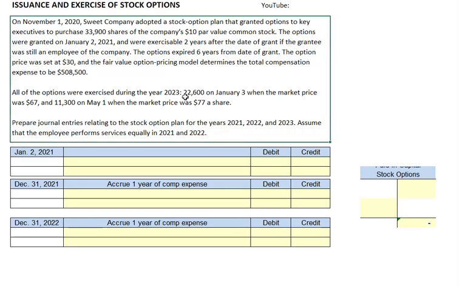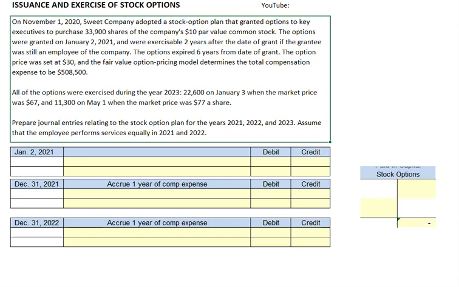In our example, the Sweet Company has adopted a stock option plan that grants options to key executives to purchase 33,900 shares of the company's $10 par value common stock. The options are granted on January 2nd, 2021, and are exercisable for 2 years after the date of grant, if the grantee is still an employee of the company.